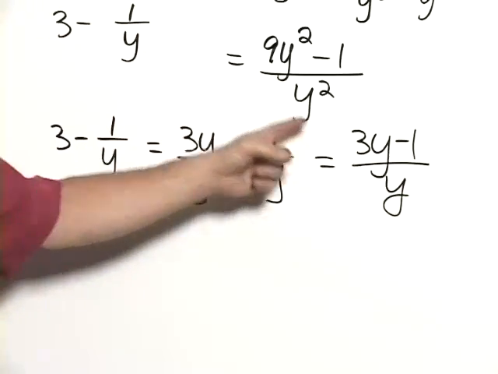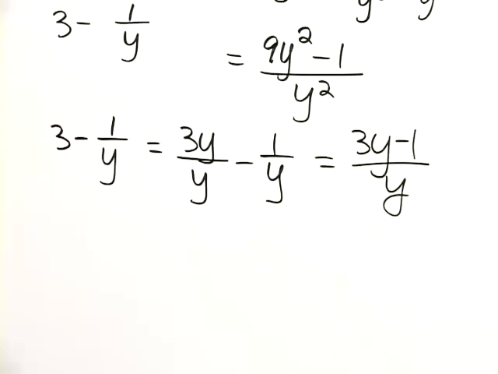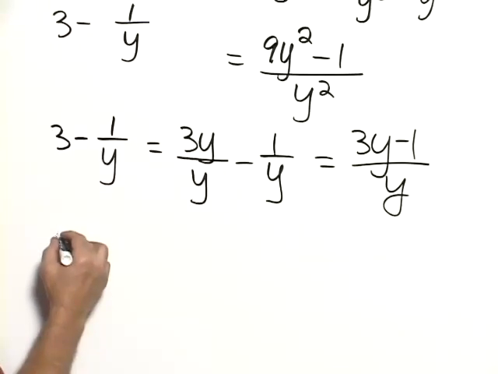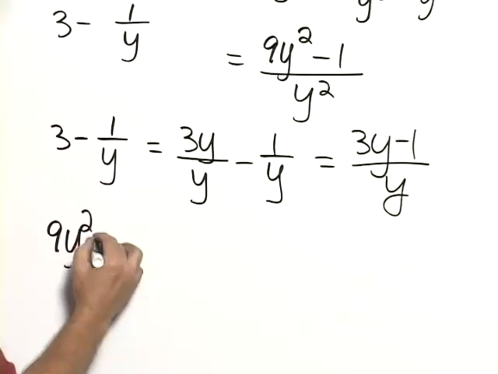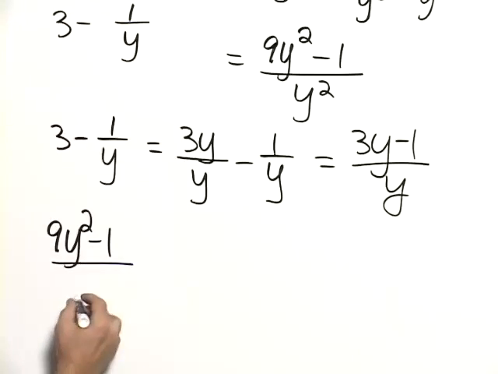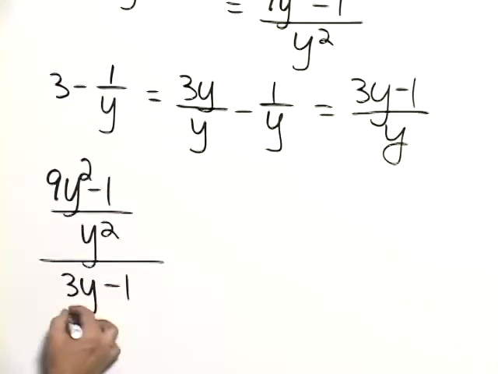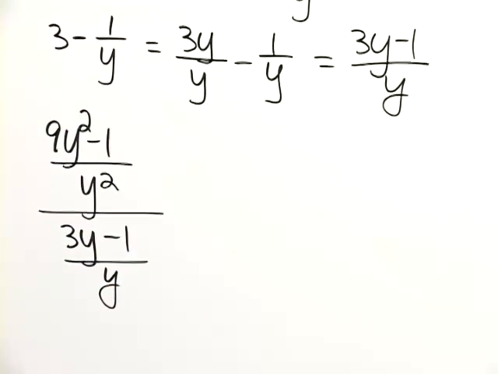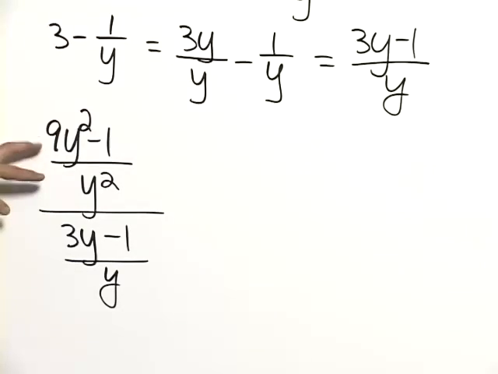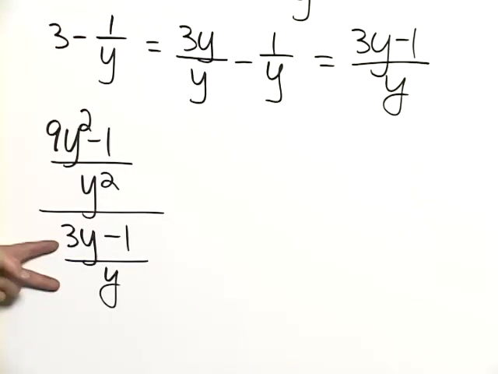Bringing back together the numerator and the denominator, we have that this would be equal to 9y squared minus 1 over y squared all over 3y minus 1 over y. When we are dividing a rational expression by another rational expression, we change it to multiplication by the reciprocal of the denominator.